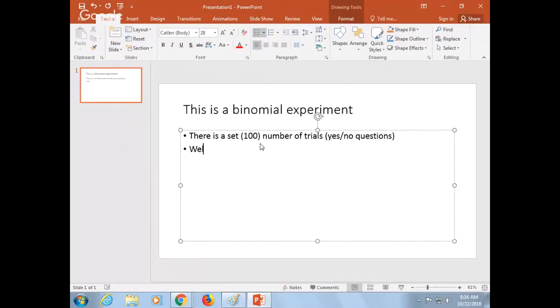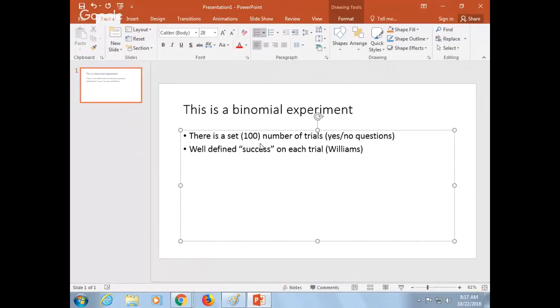There is a well-defined success on each trial. In our case, the question we're asking, that success is Williams. This is not a political statement to say that Kathleen Williams is better or Greg Gianforte is better.